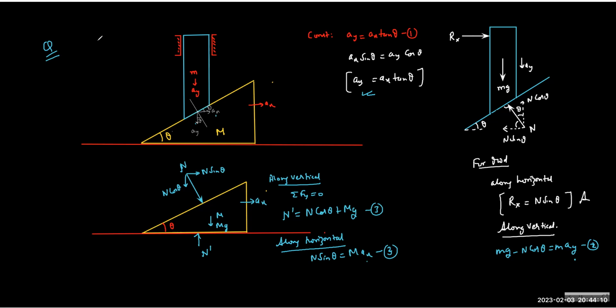Again, I'm saying, if you only master laws of motion, your fear of physics will go away. I mean, you will never get fear of physics throughout your life. Done, Siddhant? You got the N value?